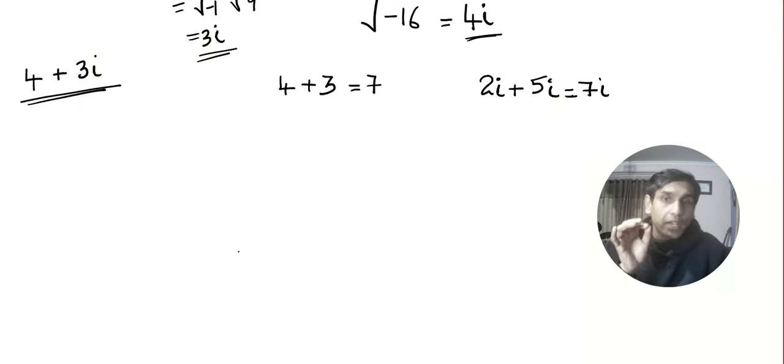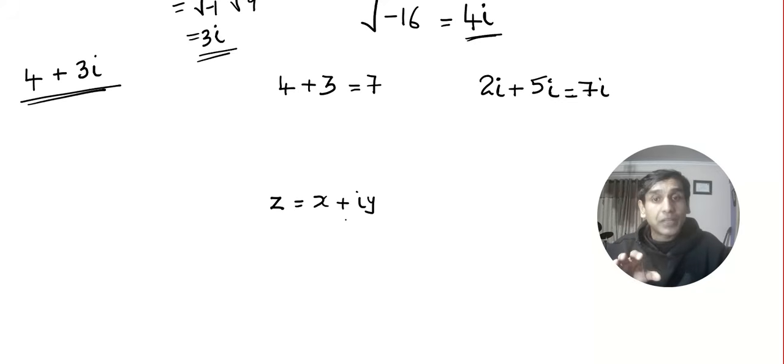Generally speaking, every complex number will be in the form x plus iy, and usually we use the letters z and w to represent complex numbers.